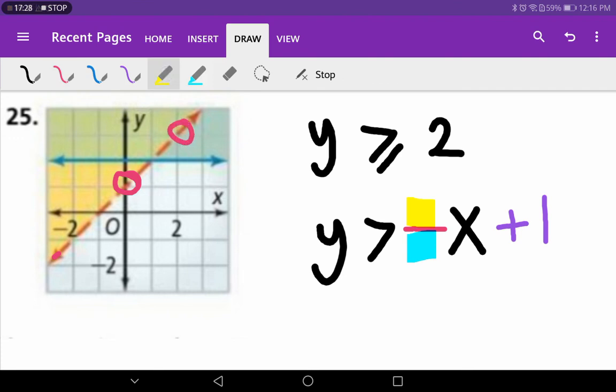It needs to rise 1, 2 up, and move 1, 2 to the right. So 2 over 2 equals 1, as my dear student knows, and the coefficient 1 is hidden. So this is the second inequality, and this is the system.